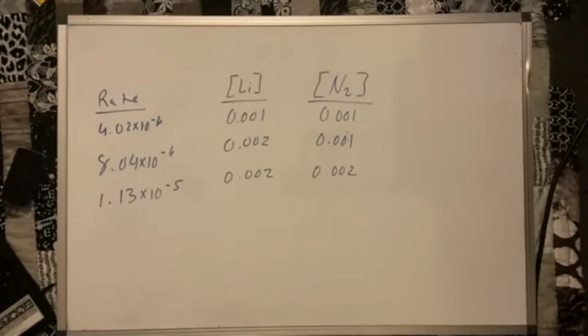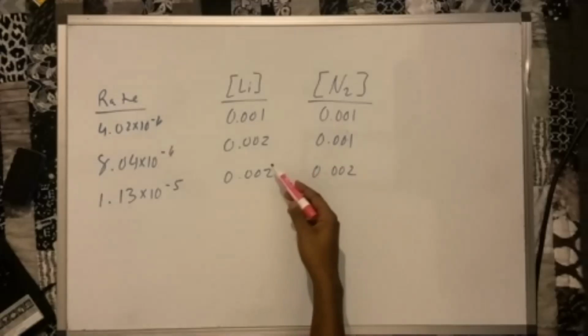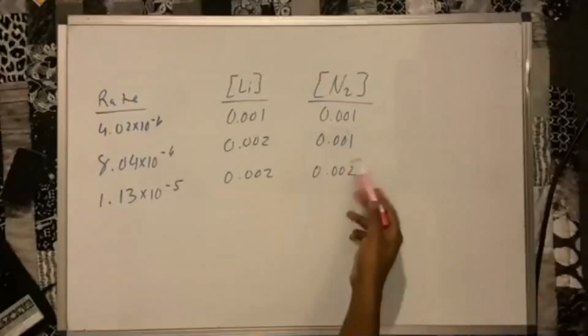All right, let's see. Does anyone remember what we do with this? Nope, that's fine. So when we're looking in here, basically what we want is to pick spots where one of these changes and the other doesn't.